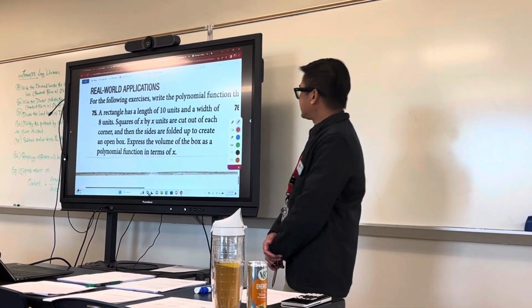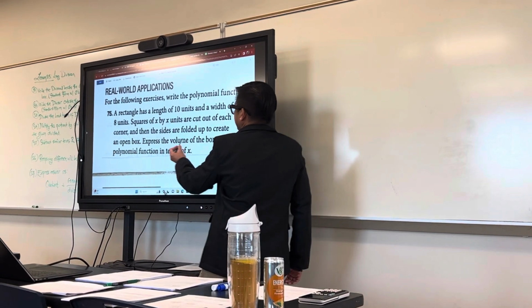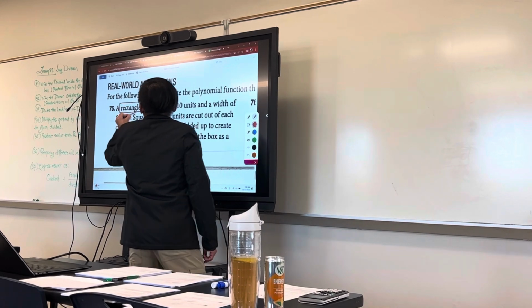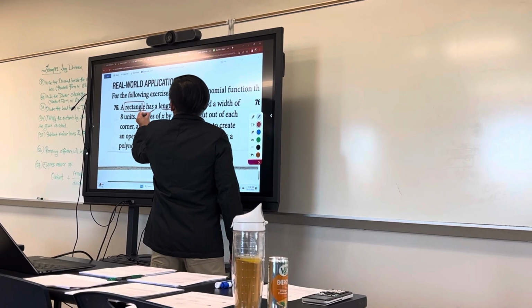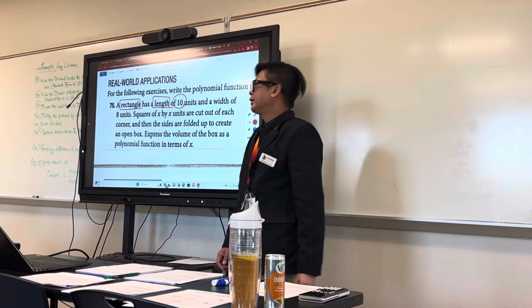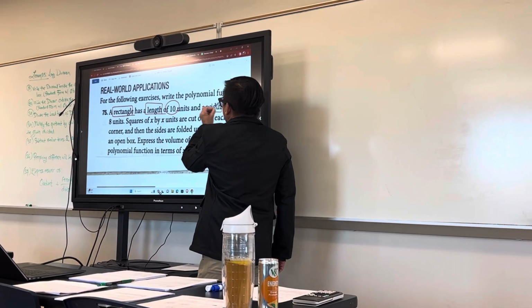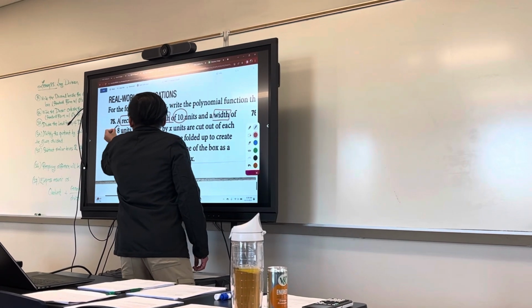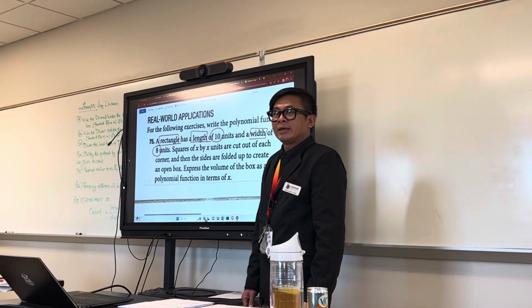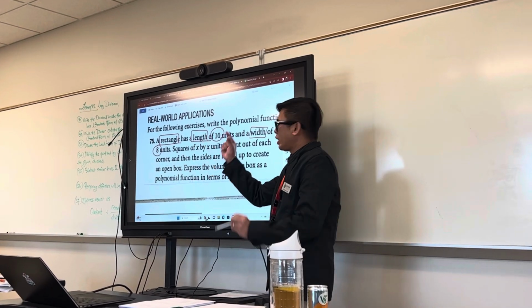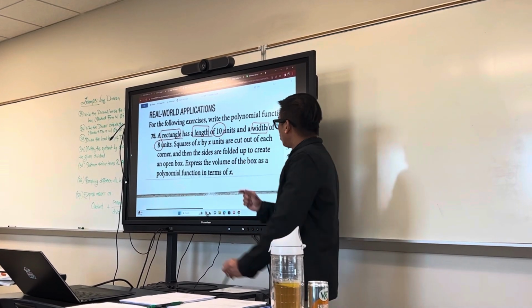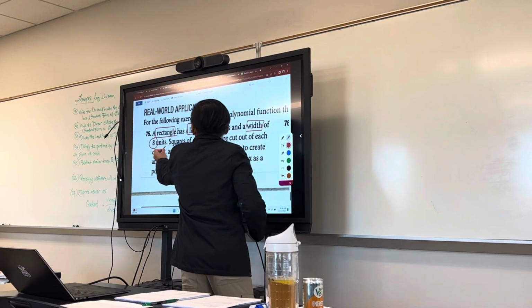All right. So again, this is a rectangle, right? 10 units is the length. 8 units is the width. And then on this paper, you have to cut out squares on the corners. And what dimension will that be?